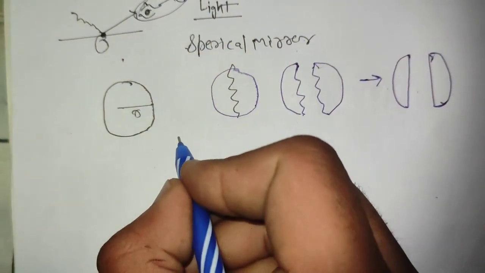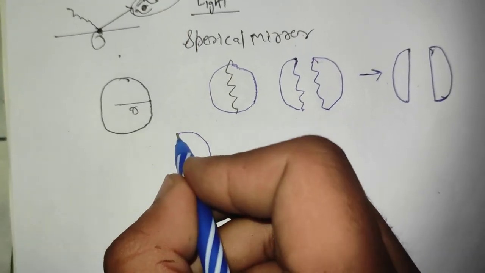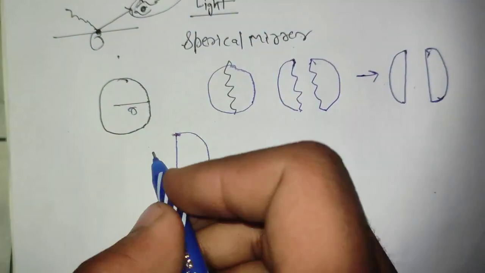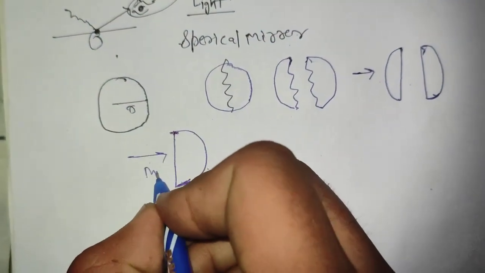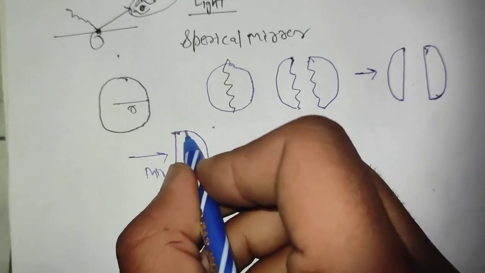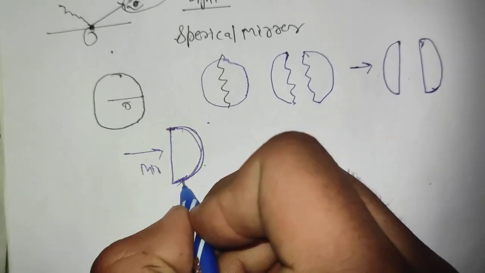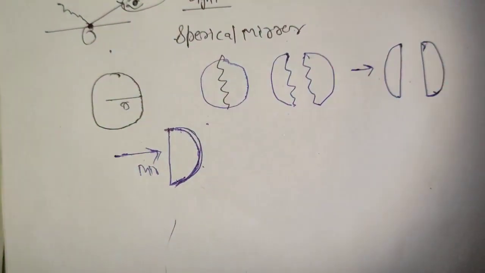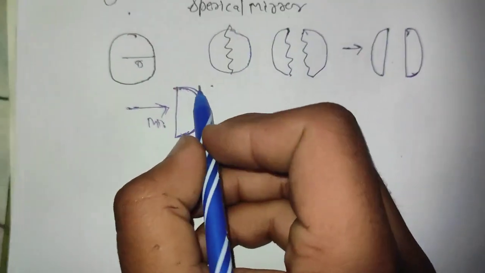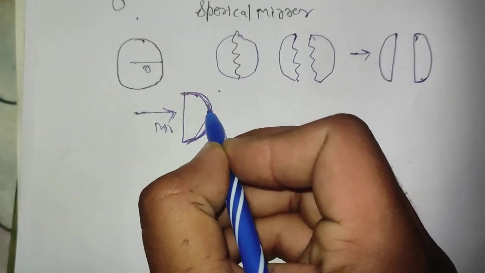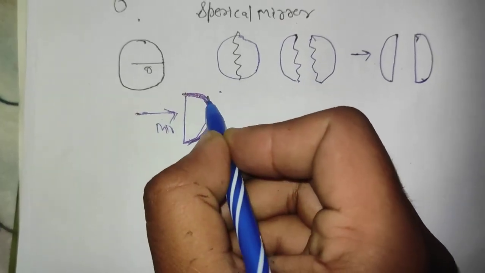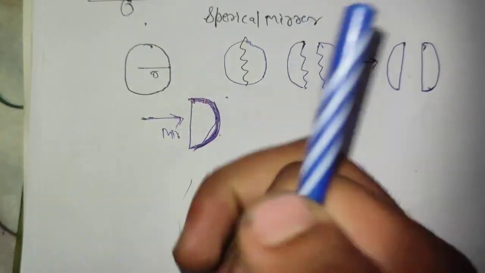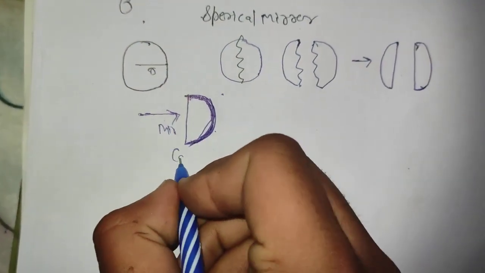Now see this part I am using. The mirror is on this side, and the second one is on this side. The polished area is the part that acts as the mirror. In this first case, the mirror faces inward like a cave, so it is called concave.